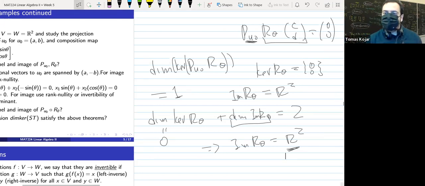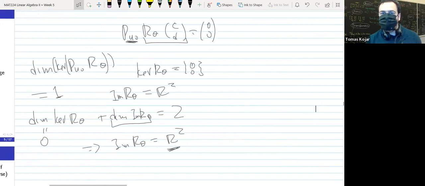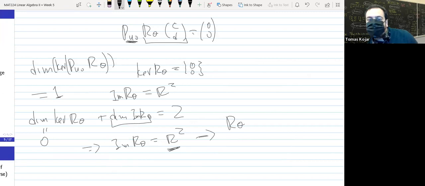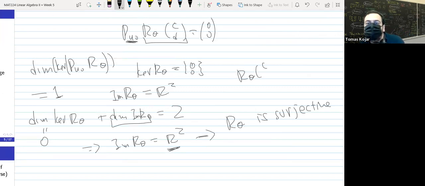Let me write it out a little if you're still confused. This tells us that rho theta is surjective. That means rho theta of C, D is some vector W for any W in R2.